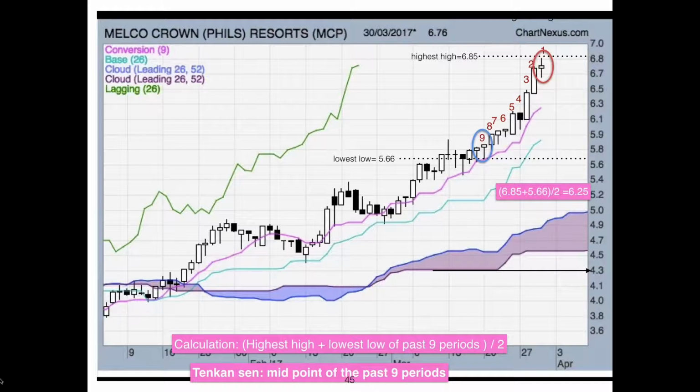Right now, we're only showing how to theoretically compute for these levels. So your Tenkan-sen level is 685 plus 566 divided by 2, which is 625. The result becomes a point in the line that makes up the Tenkan-sen line.